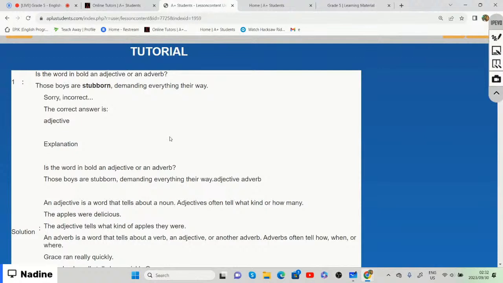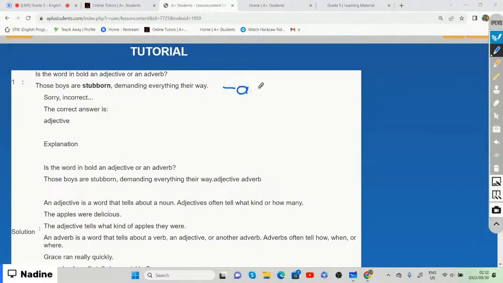So an adjective, because stubborn tells us about the boys. What kind of boys are they? They are stubborn boys.